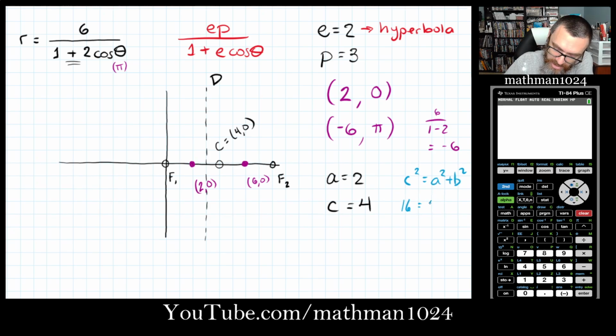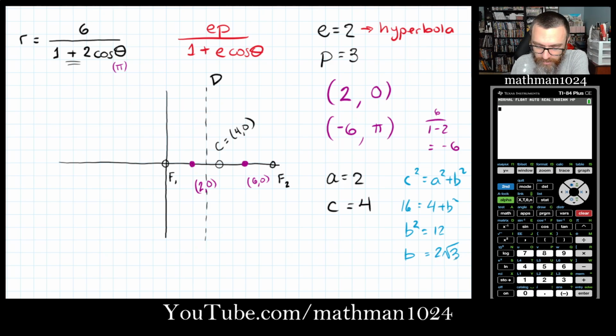So 16 equals 4 plus B squared. B squared is 12, so that means that B equals 2 square roots of 3. Not really the most fun set of points to plot, but we can use that to inform us for the B value going up and down, so we can create our box around here.